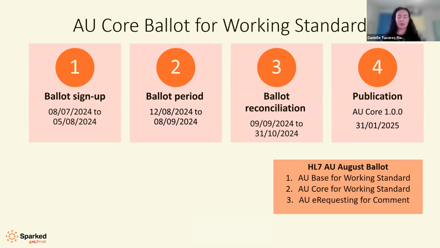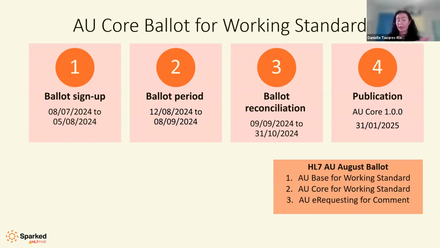So all HL7 Australia members are given an invitation to ballot the standard, and that is the same for all of the ballots that come out, whether that's FHIR or V2. There is an invitation to be part of the ballot, and all HL7 Australia members are eligible.